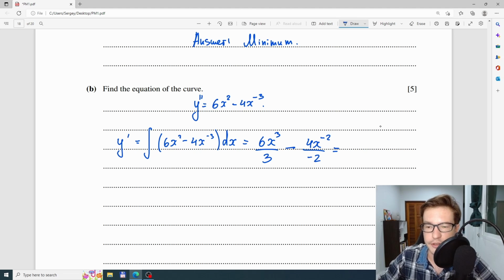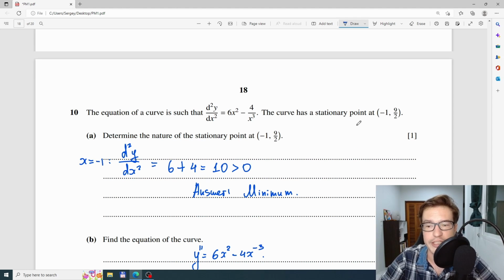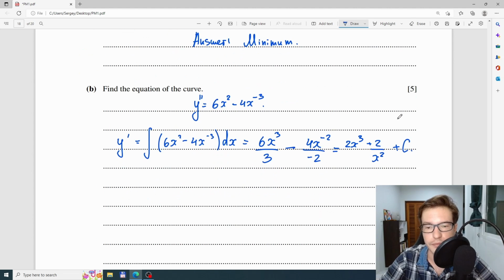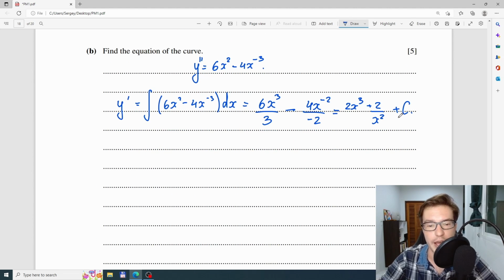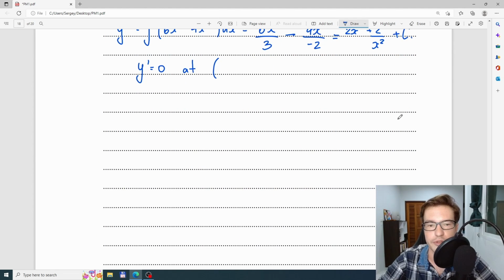Let's simplify that, and I'm not going to forget about c. 2 over x squared plus c. Okay, at this point, we can figure out the value of c. How? We know that the curve has a stationary point at (minus 1, 9 over 2). And if I have a stationary point, that means the derivative equals 0 at the point (minus 1, 9 over 2).